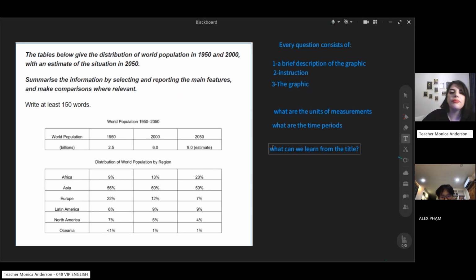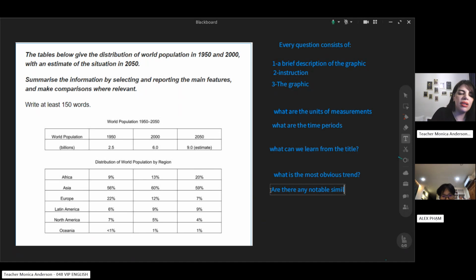Another one: if we have any obvious trends, what is the most obvious trend? Another useful question: if there are any similarities, are there any notable similarities?